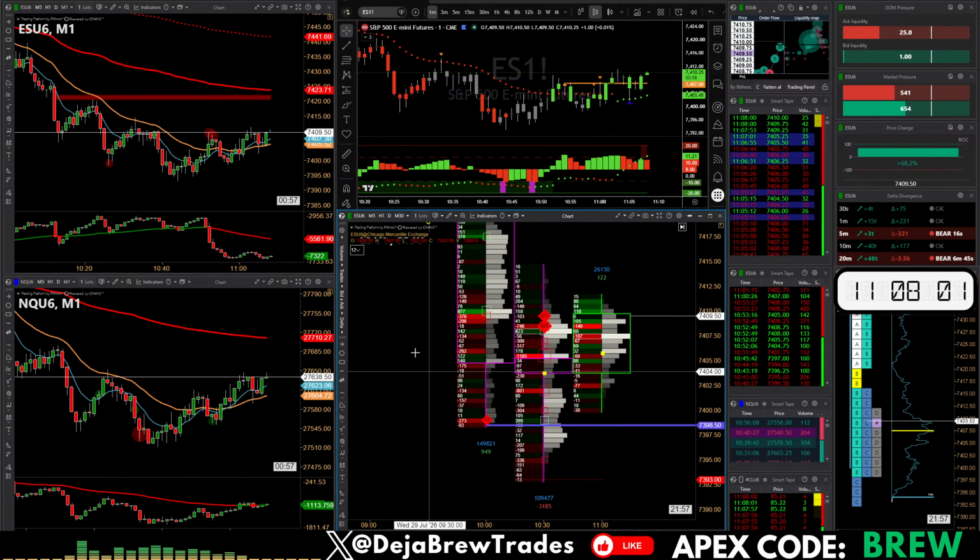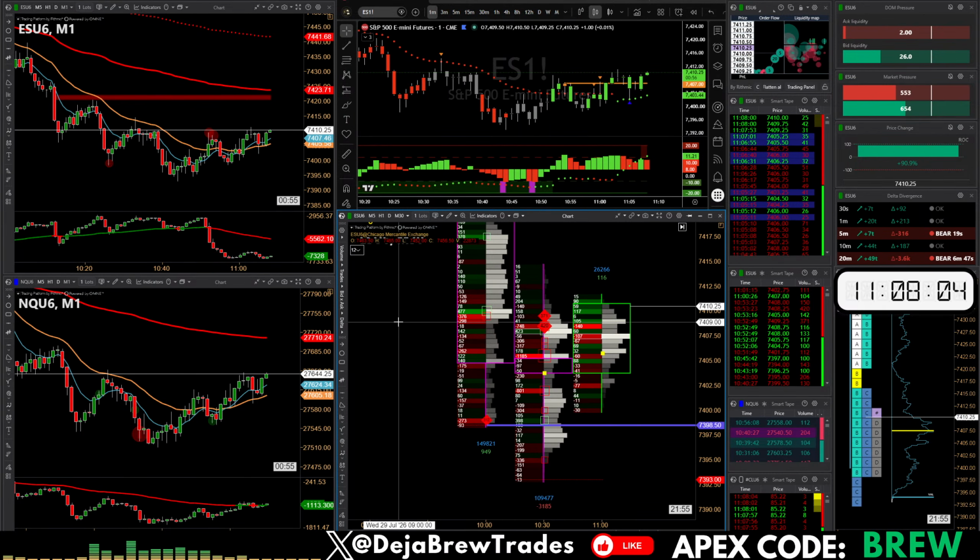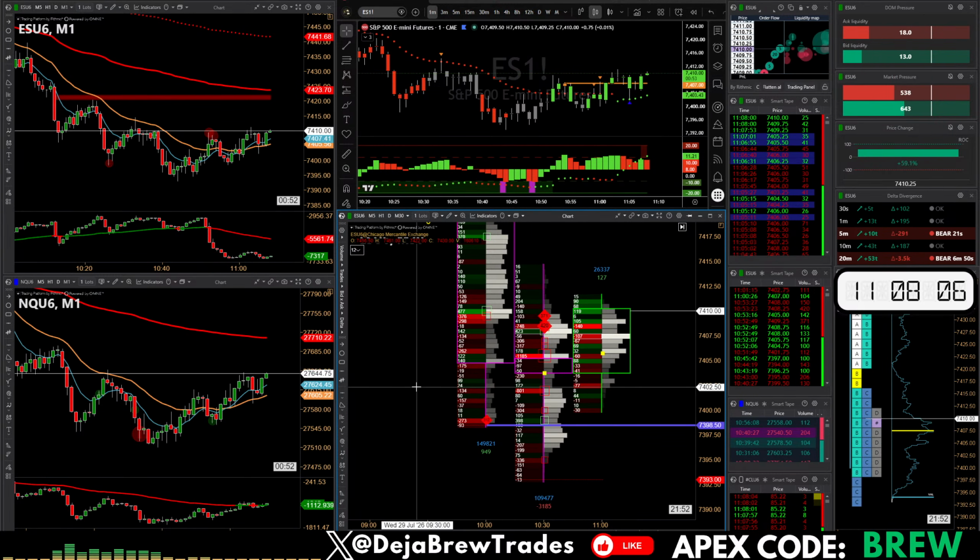Yeah, it's a little bit of an overlap, but it's mostly a sweep. The overlaps are more like tweezers when they're almost identical.